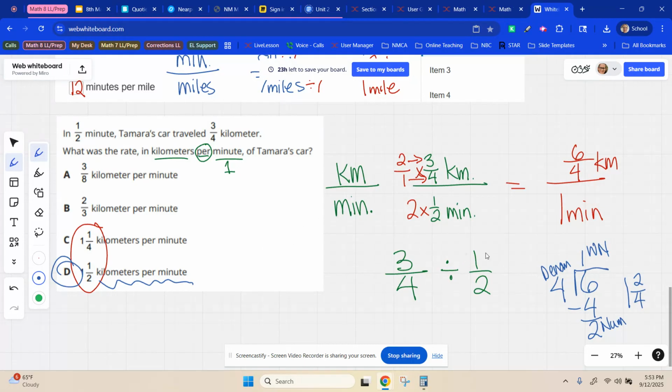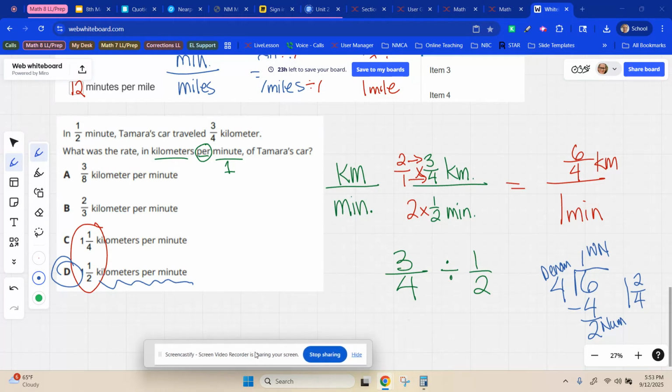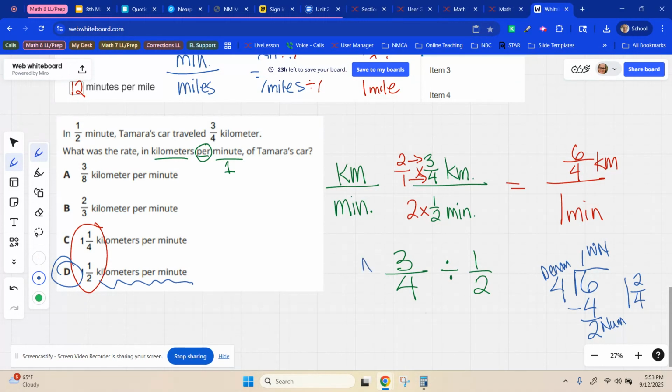And then just to prove to you that fractions mean division and show it to you another way, I'm going to go ahead and do this here. 3/4 divided by 1/2. I'm going to keep the 3/4. Change division to multiplication.